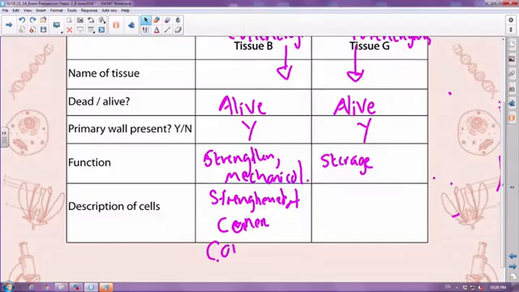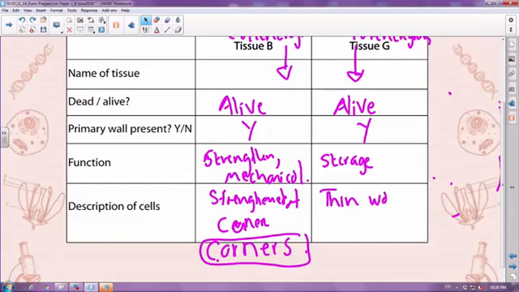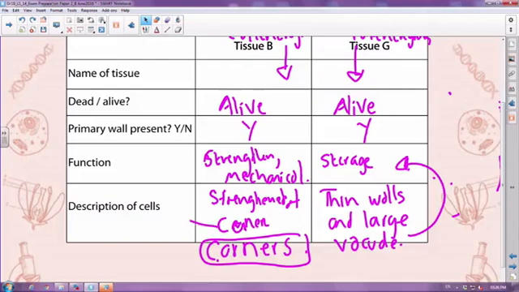Okay, corners. There we go. And for parenchyma, what do we say? Thin walls and large vacuoles. Now remember, let's relate structure back to function.